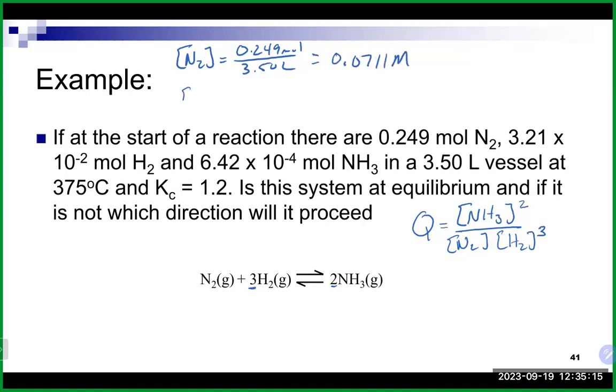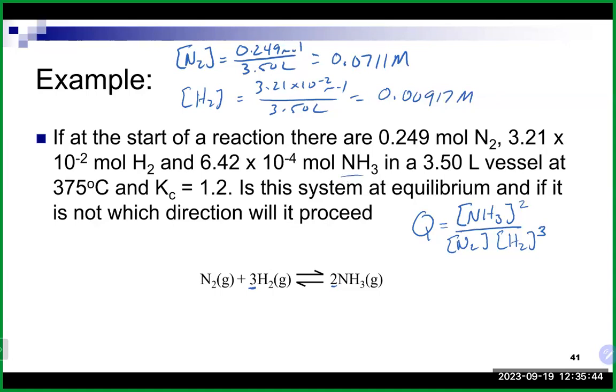We'll also do the same thing for our H2. We'll take the moles, which is 3.21 times 10 to the minus 2, also divided by 3.5 liters. Gonna go 3.21, make sure you use your exponent button, minus 2 divided by 3.5, and we'll go with 0.00917. And lastly, NH3.